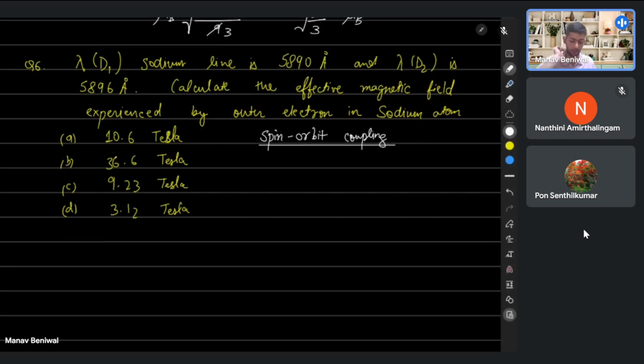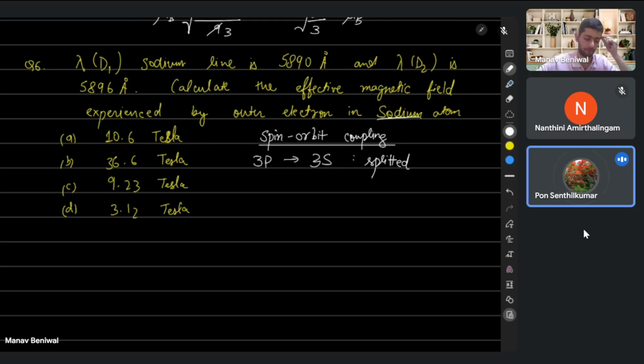So when that happens, there is this transition 3p to 3s, and this gets split because of spin orbit coupling. Because what is the atomic number of sodium? Do you know? No, sir. Okay, so atomic number is 11.